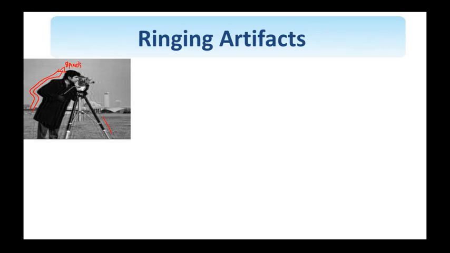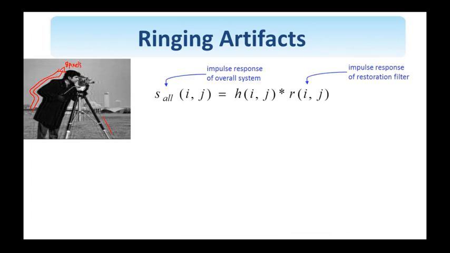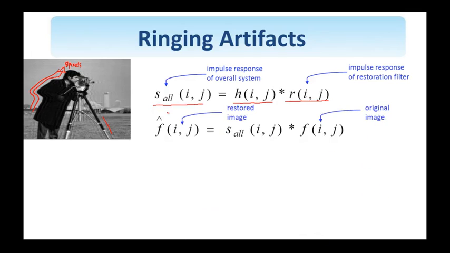So here is a simple analysis of what takes place. Hij is the impulse response of the degradation system, Rij the impulse response of the restoration filter, their convolution, we call it S-all, and in essence, S-all is convolved with the original image to give us the restored image.